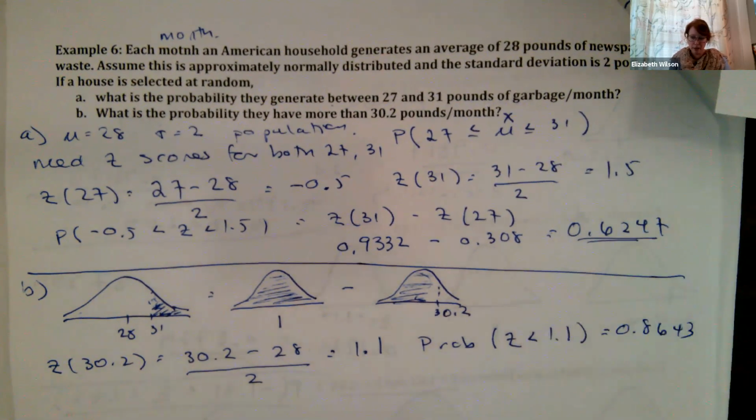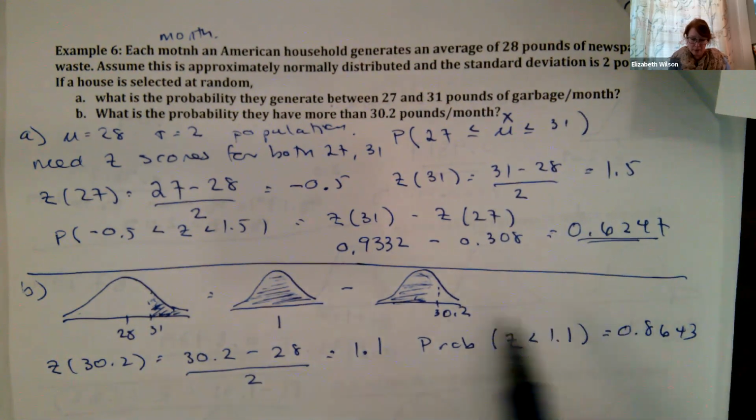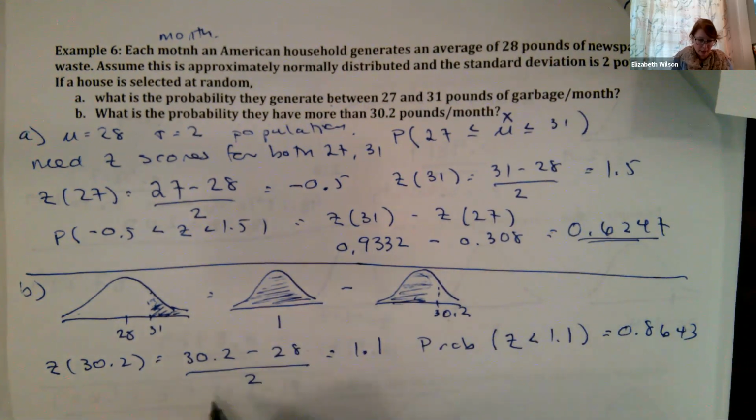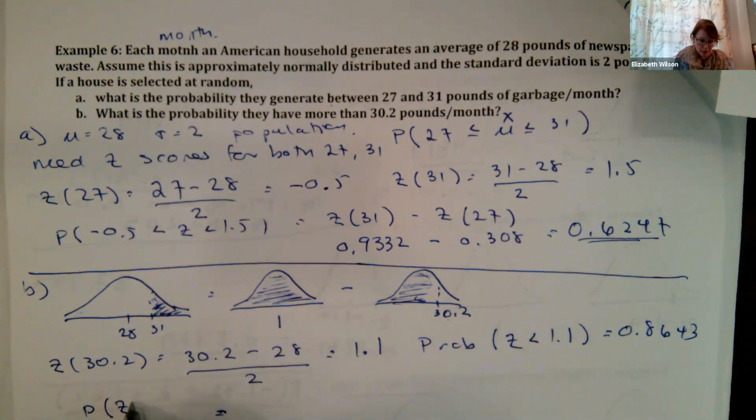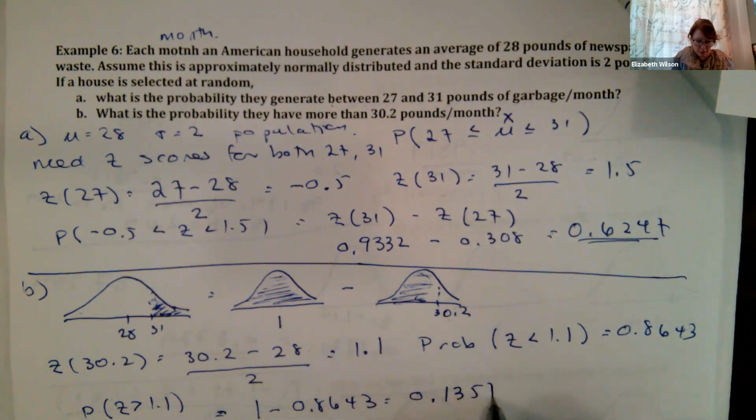Okay, right? So now I have to subtract this from 1 in order to get what's greater than. So now I'm going to say the probability that z is greater than 1.1 is equal to 1 minus 0.8643, which is equal to 0.1357.